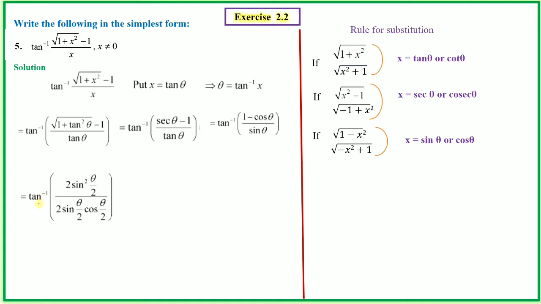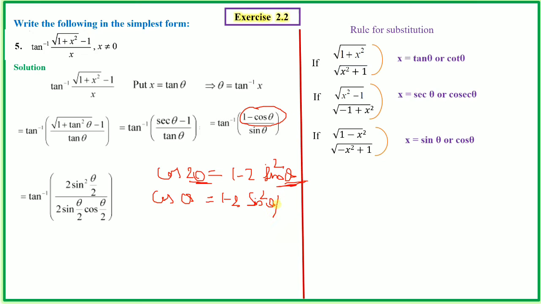Now tan inverse, here we have written 2 sin square theta. Now you need to remember this particular identity. What is that identity? The cos 2 theta formula is equal to 1 minus 2 sin square theta. Now if it is 2 theta, then here we have single theta. If it is single theta, then we will have 1 minus 2 sin square theta upon 2.